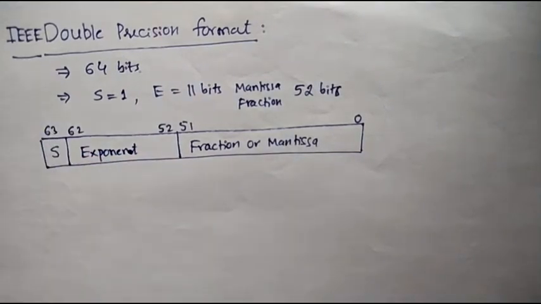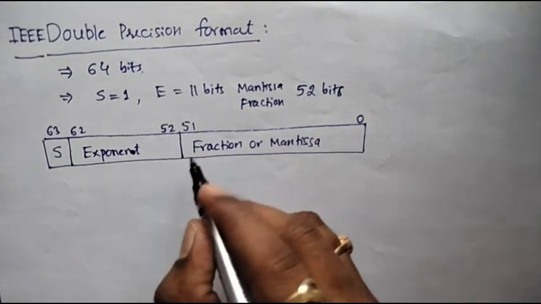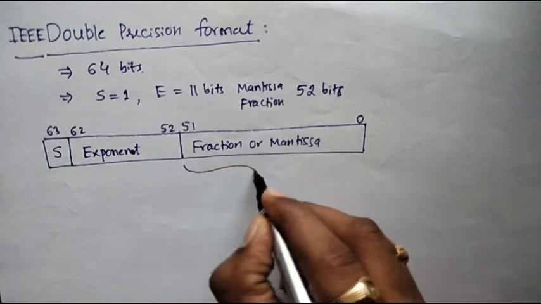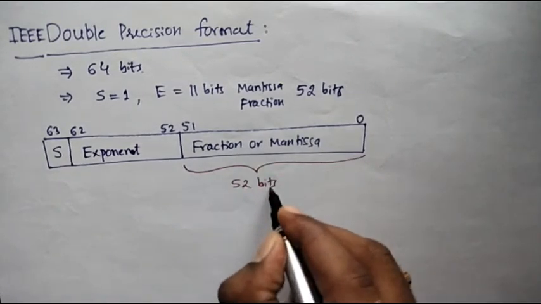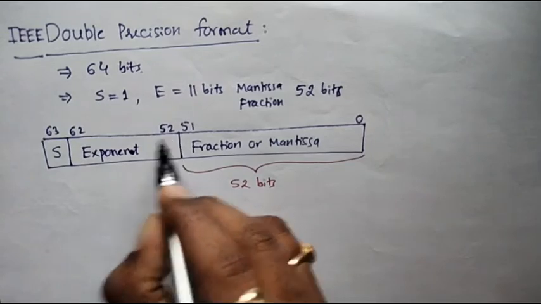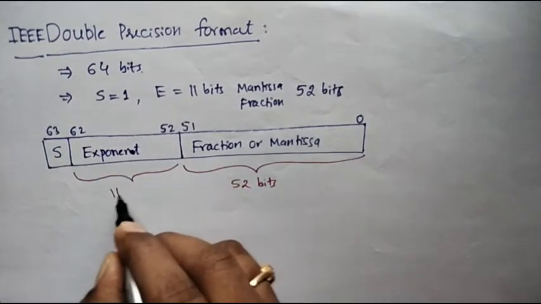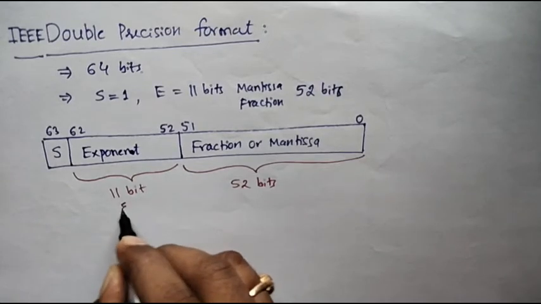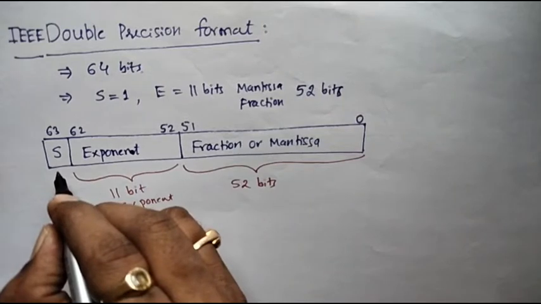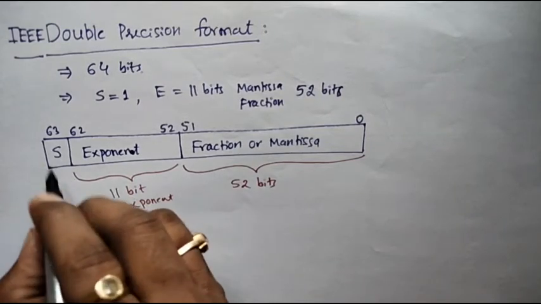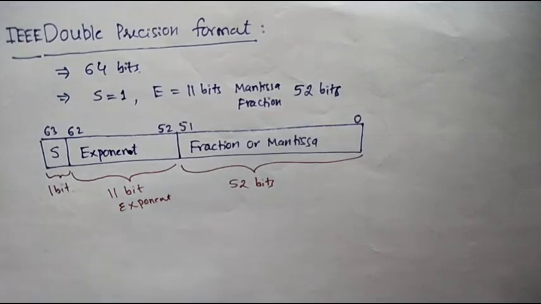In double precision format, the first 52 bits, from 0 to 51, represent the mantissa. It is a total of 52 bits. Bits 52 to 62 represent the 11-bit exponent, and the last bit, the MSB, that is the 63rd bit, will be the sign bit.